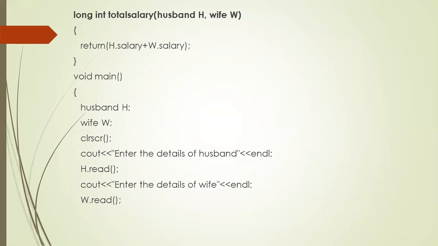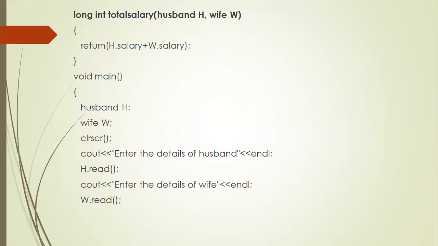Okay. Since total salary is a friend function, straight away start with the return type. Here the return type is long int, total salary function, and that function takes two arguments. The first argument is an object of husband class, the second argument is an object of wife class. So husband h, comma, wife w.